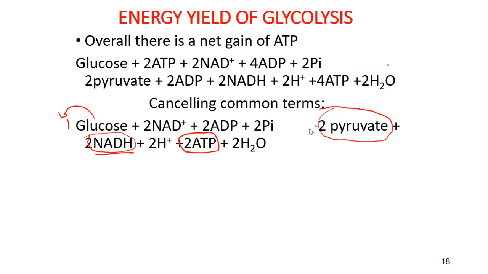So these two are coming from the fact that fructose 1,6 bisphosphate was being cleaved, where it had to break down into 2 particular molecules, and that reaction took place during reaction number 4, where there was cleavage of fructose 1,6 bisphosphate.